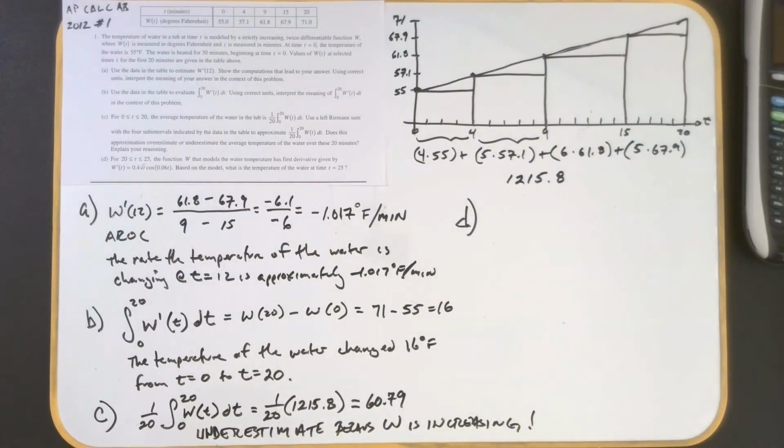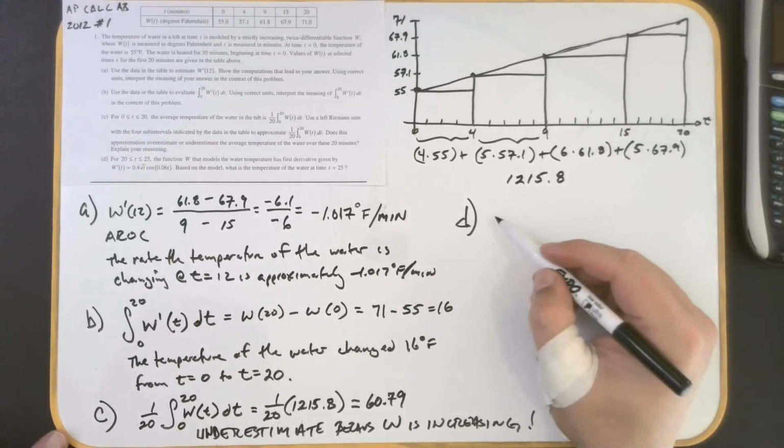All right, now it's time for D. Part D says, for the next 5 minutes, for time between 20 and 25, the function that models the water temperature has first derivative given by W prime equals 0.4 root t times cosine of 0.06 t. Pretty wacky function. Based on the model, what's the temperature of the water at time equals 25?